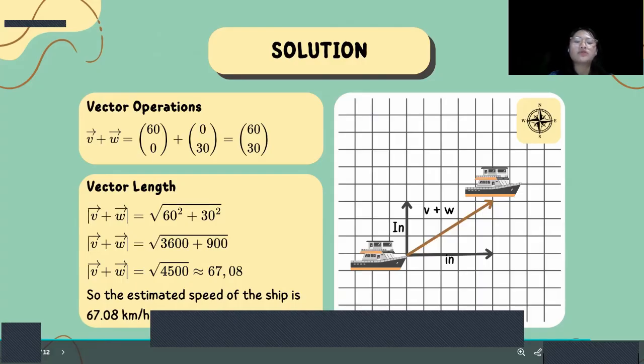The results show that the ship's total speed is approximately 67.08 km per hour. This example demonstrated how vector help solve real world problem involving direction and magnitude.